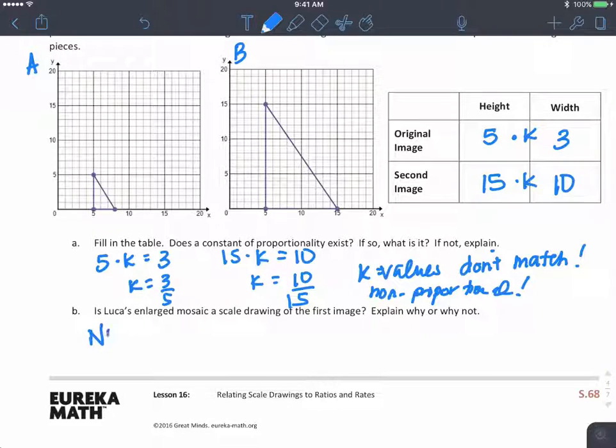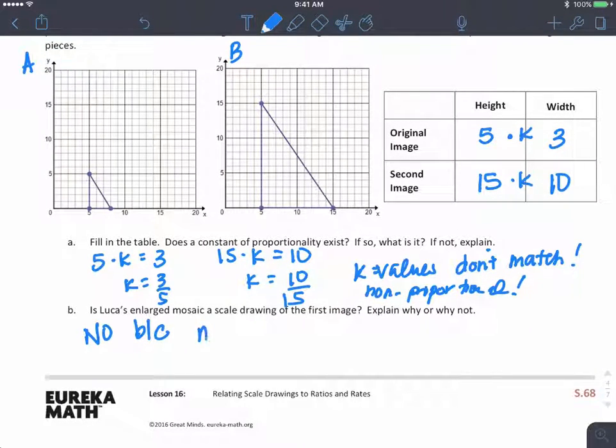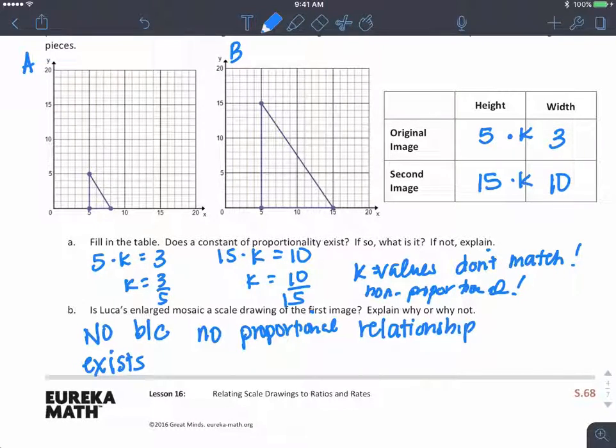So we'll say no, because no proportional relationship exists between the sides. Okay, meaning that the height and the width are not related the same way for both images. Alright, so that's what that means.